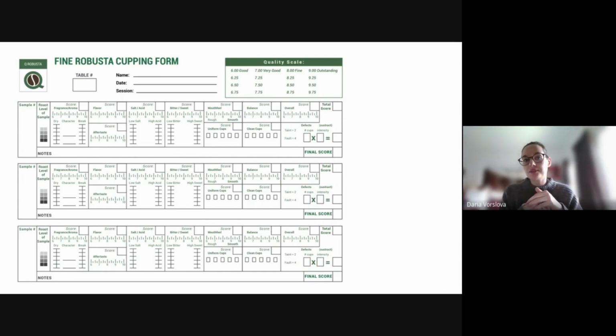Which of course doesn't mean that we still don't have different export grades for Robusta, which exist in producing countries like Vietnam. They have their own export system. Indonesia, they have their own export system for green coffee. In Uganda, their own.